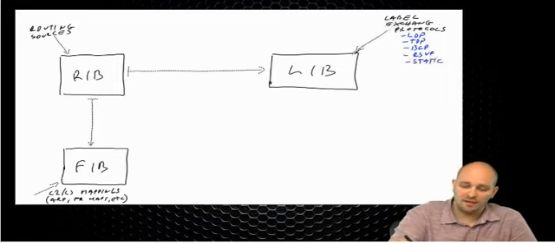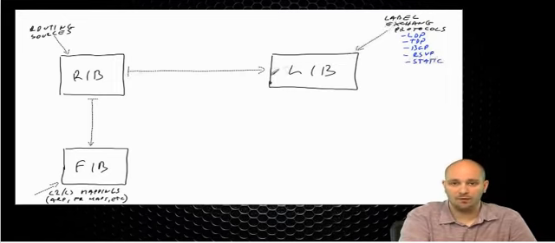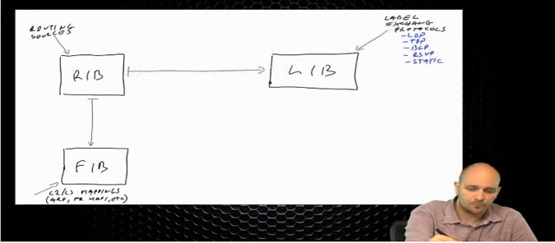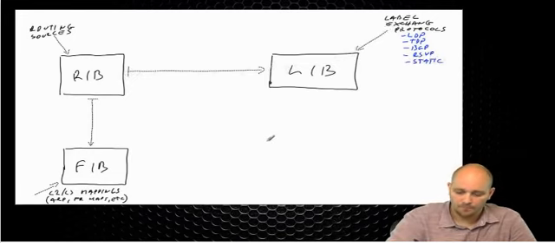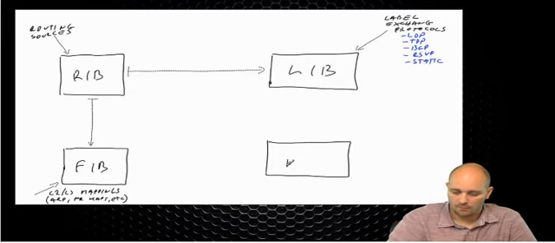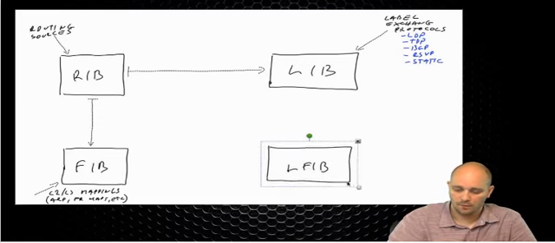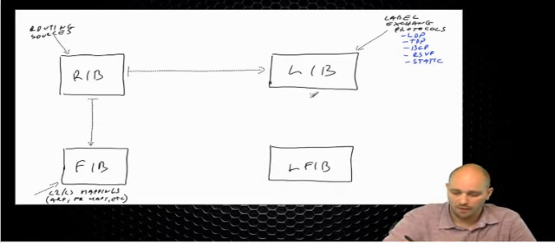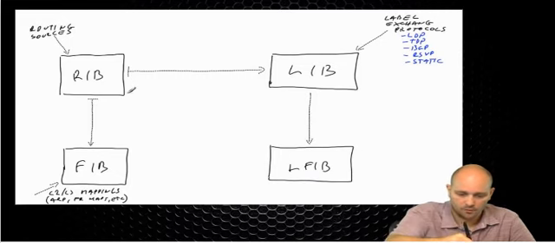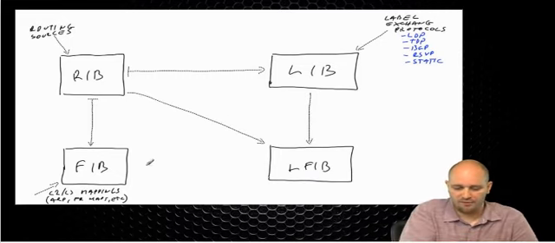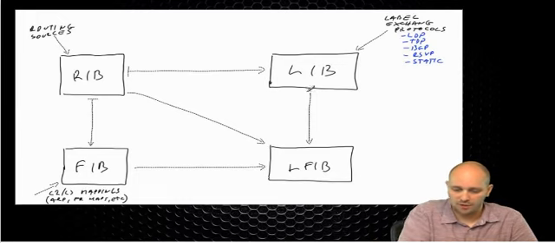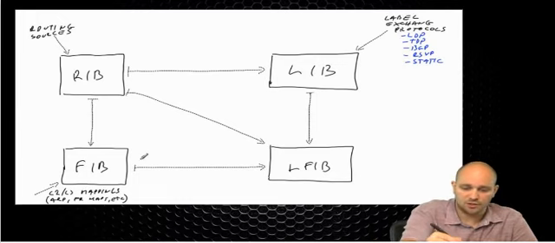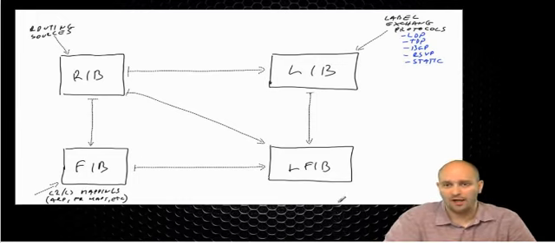So all these feed information into the label information base, and this information then, in combination with the data coming from the RIB and FIB, actually feeds the information into our LFIB.